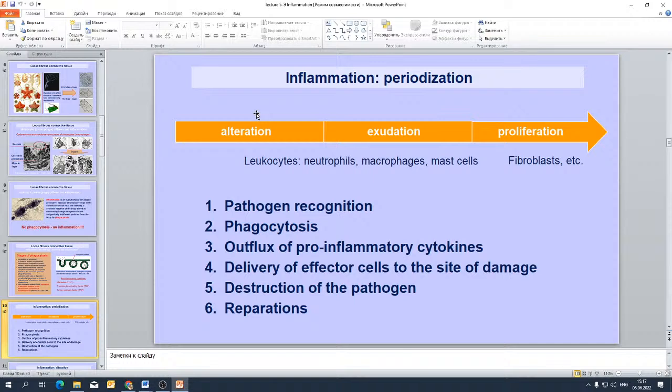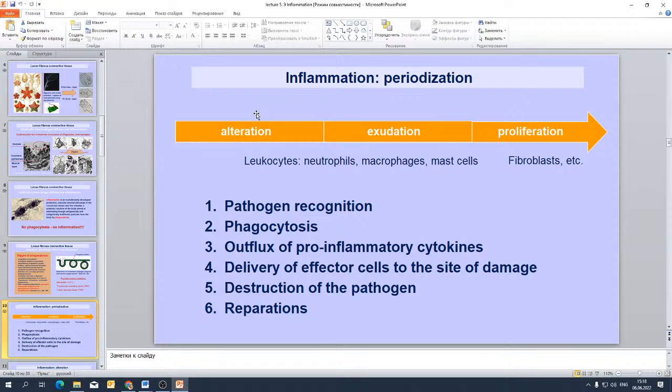In alteration, first damage and injury form, then pathogen recognition and phagocytosis. In the phase of exudation, there is an outflux of pro-inflammatory cytokines and delivery of effector cells to the site of damage and destruction of the pathogen.